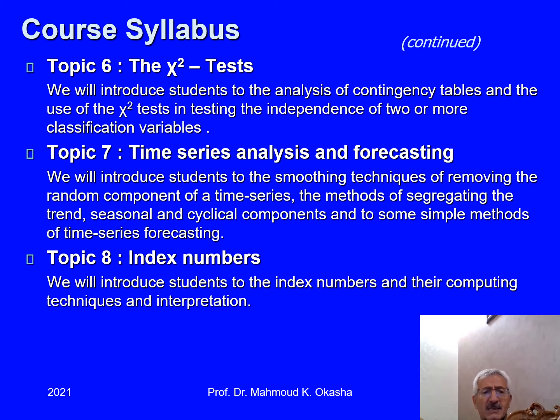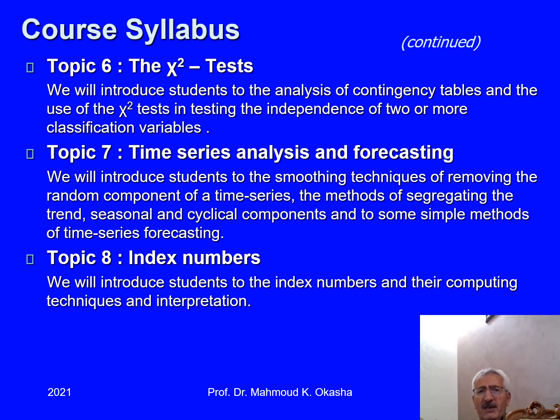The sixth topic is the chi-square test, which is also a hypothesis testing issue. But we use it to discuss mainly whether there is a relation between two variables or not, especially when the variables are not numeric, like married or single or divorced.